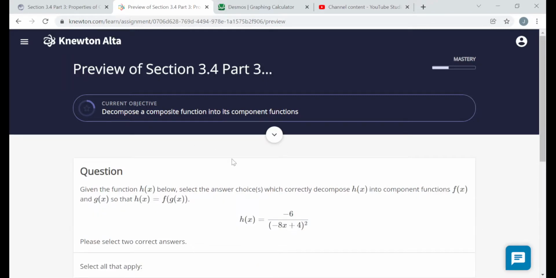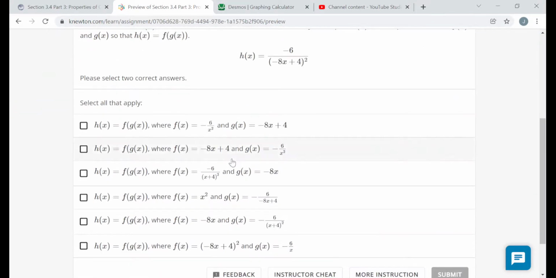So again, composing and figuring out which ones work. This first one looks good. If I replace the x in this f function with negative 8x plus 4, I'd get function h back. This one, nope.